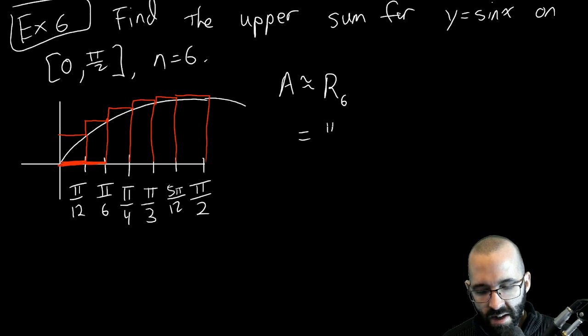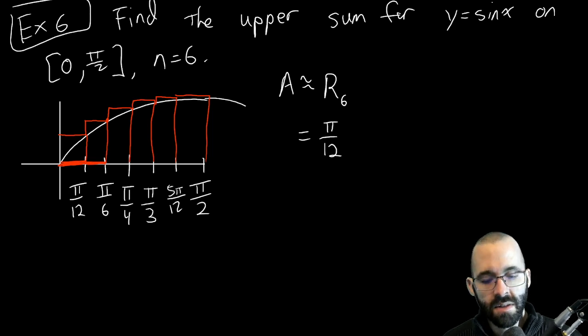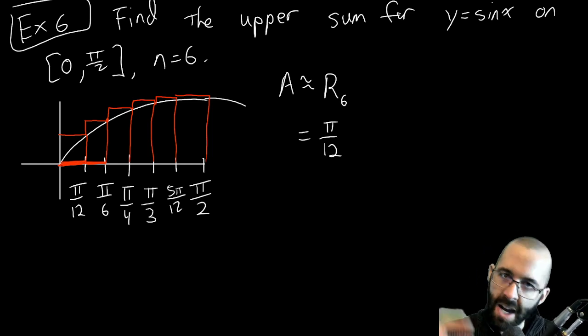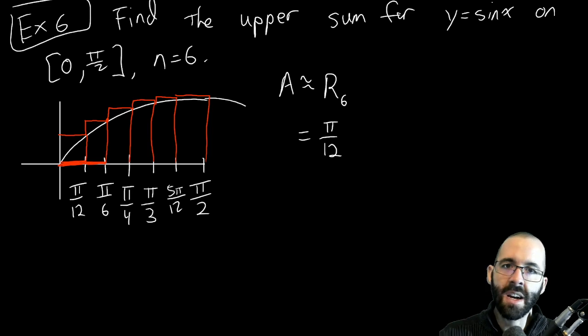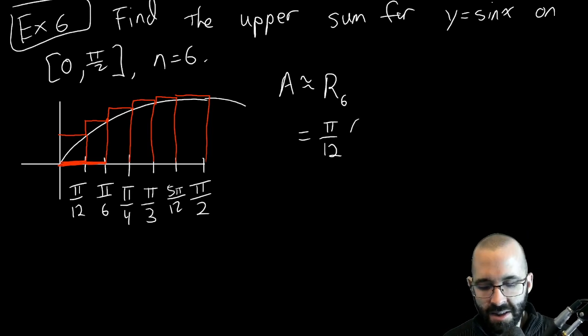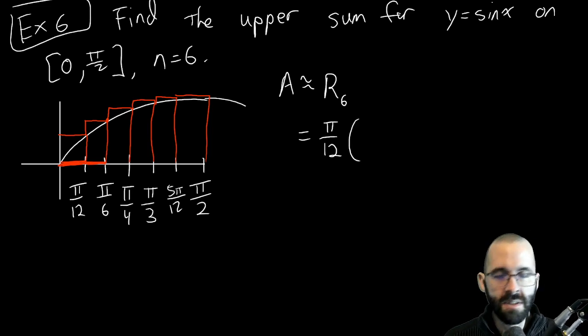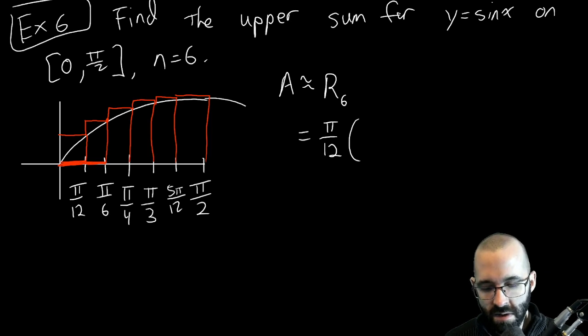So each one has a width of pi over 12. You can write pi over 12 times the height plus pi over 12 times another height. But it's easiest to just factor out that pi over 12 since they all have the same width. All right, and the first one is just going to be the function value right here at pi over 12.